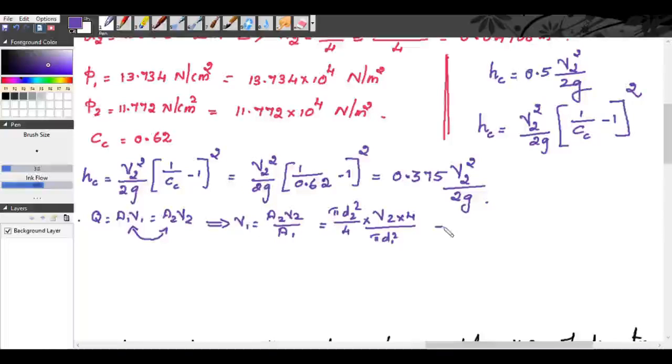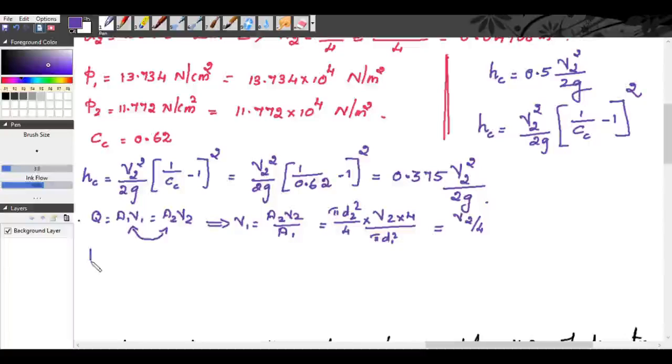So, we get V1 is equal to V2 divided by 4.